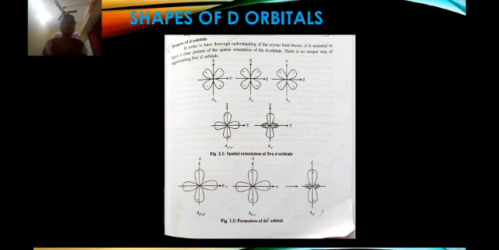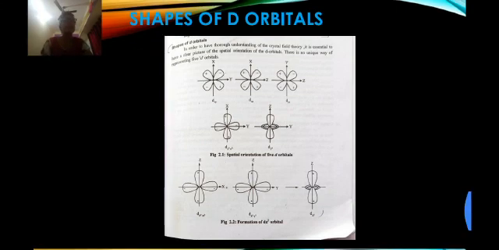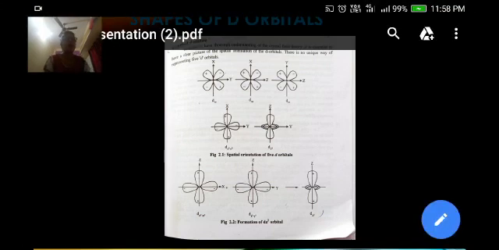Electron density is not along the x and y axes, that is, not present on the principal axes; it is present in the xy plane, in between the principal axes. For dxy, dyz, dzx, electron density is present between the x and y, between the y and z, and between the z and x axes.